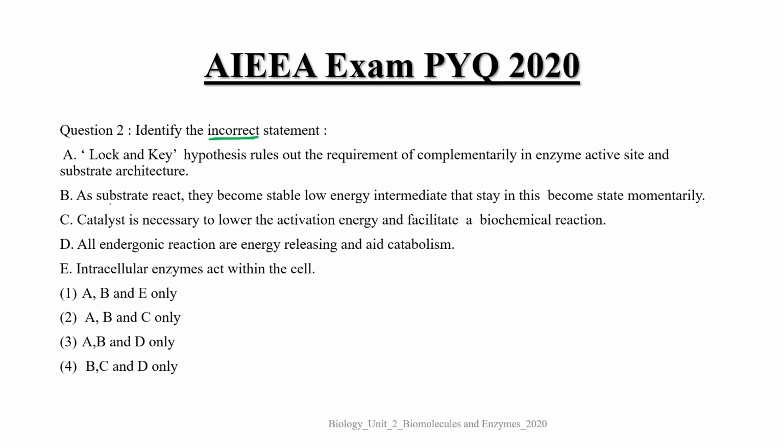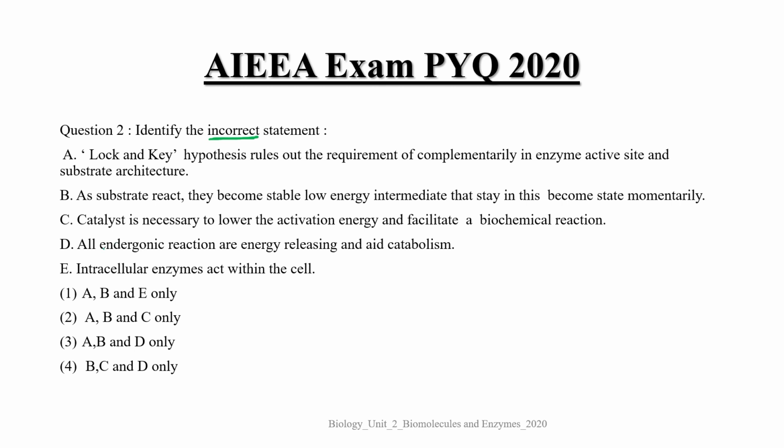In choice B: as substrate react, they become stable low energy intermediate that stay in this state momentarily. Choice C: catalyst is necessary to lower the activation energy and facilitate a biochemical reaction.